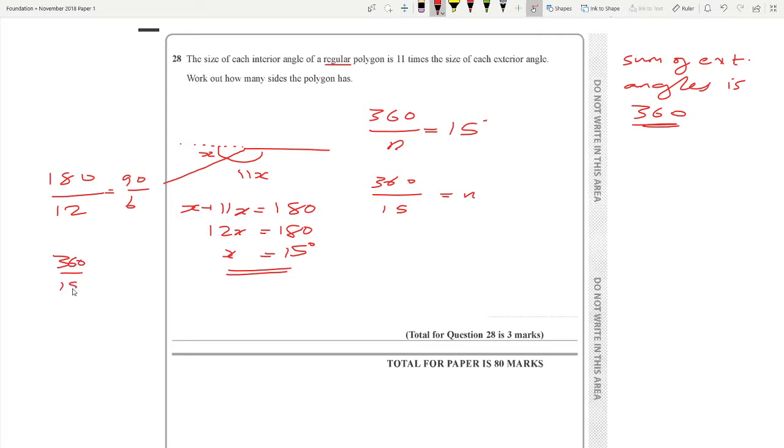Again, this is non-calculator, so if I cancel down both of these by dividing by 5, that becomes 72 divided by 3. 72 divided by 3, so therefore n equals 24 sides. Okay, and that's your answer, for 3 marks. Last question of the paper, 24 sides.